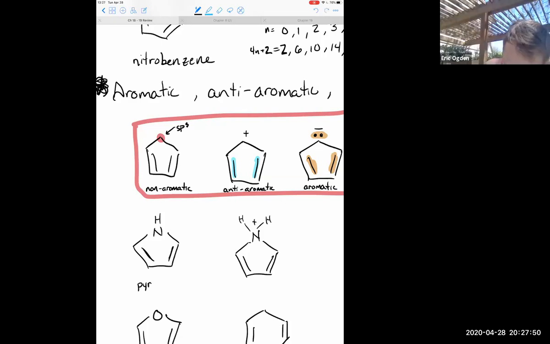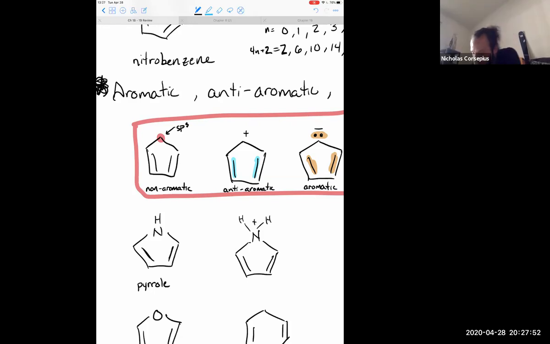Pyrrole. All right, so just like benzene has its own special name, pyrrole has its own special name. So if we were to stick a chloro group right there, for example, this would be 2-chloropyrrole. Pyrrole is one of those words that you just gotta know.